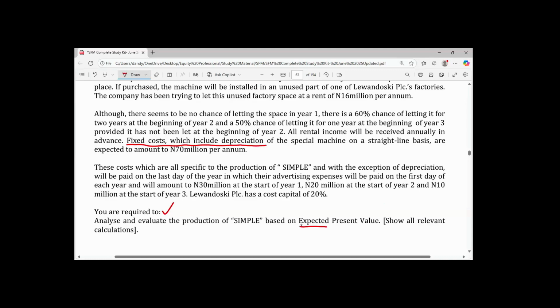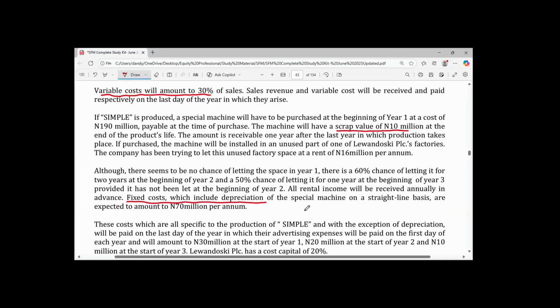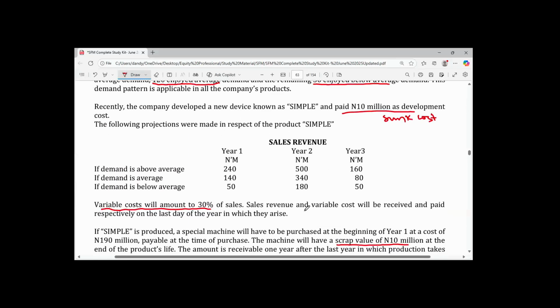And for you to be able to calculate the expected value, you must be given cash flows, you must be given probability. But when you look at this question, for your cash flows, we are not given probability. These are the revenues, these are the cash flows given to us at each state of nature.